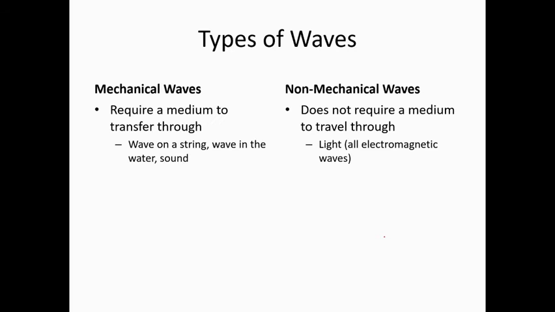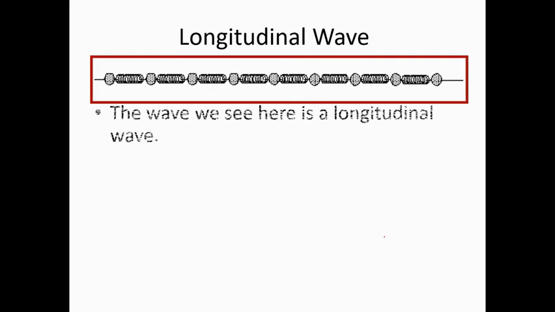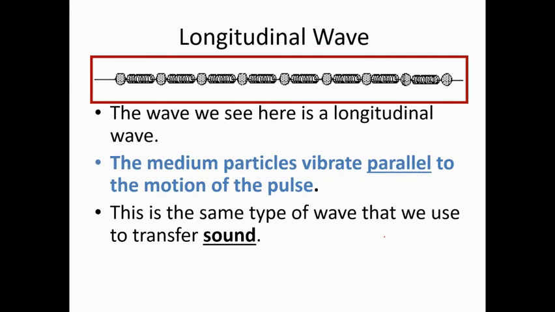Now, non-mechanical waves like light do not require a medium. So light will travel in a vacuum. We can also split our waves into two different types: longitudinal waves and transverse waves. Longitudinal waves are waves in which the particles vibrate parallel to the motion of the pulse.